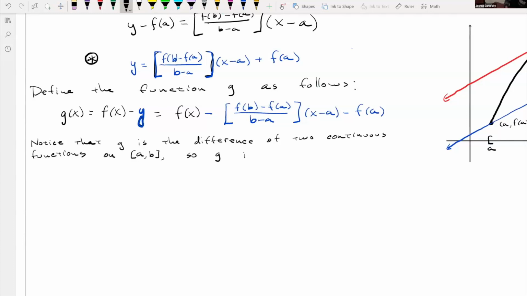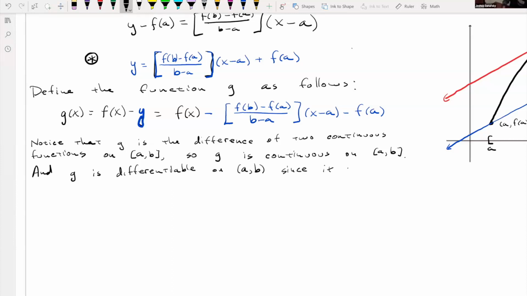So g is continuous on AB, and g is differentiable on AB since it is the difference of differentiable functions.